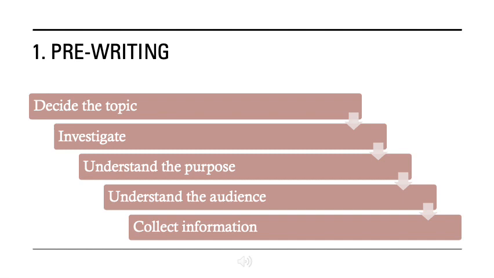So collecting information from books, articles in journals, newspapers, other periodicals like magazines, and then interviews with experts. You can have discussions with others who have worked in the field. And then of course you have the whole array of internet resources, all the information that you can get online. So all of these are important sources of information. So these 5 stages constitute the pre-writing stage.